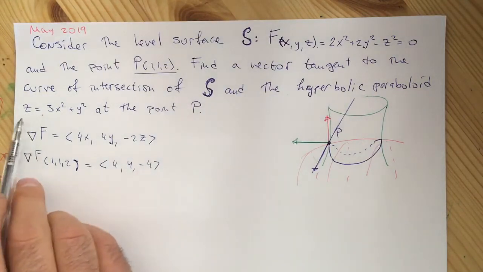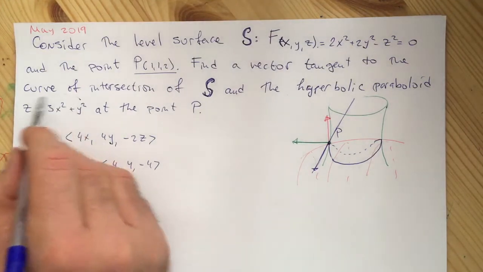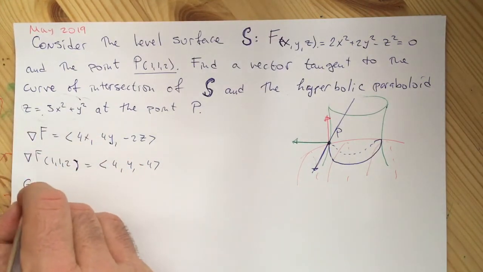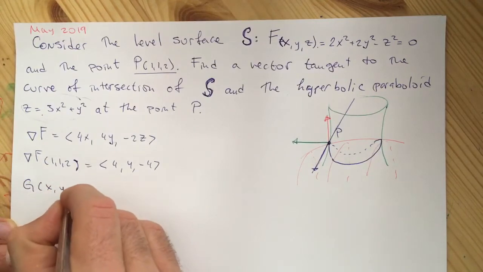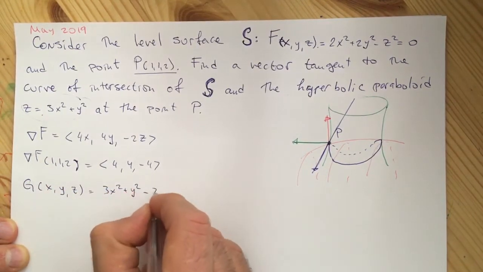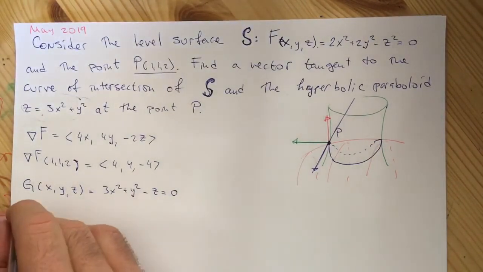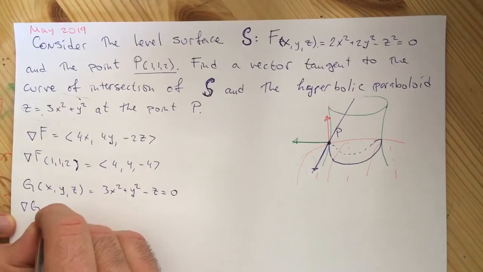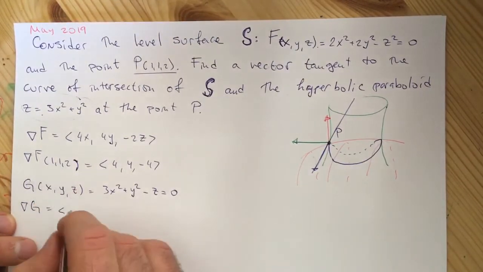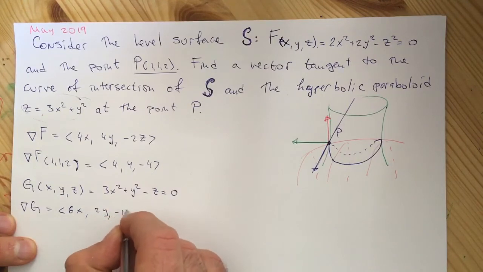Now I have to find a function in 3 dimensions, so I'm going to define the function g in terms of x, y, and z as 3x squared plus y squared minus z is equal to 0. And I will find the gradient of this function and then evaluate it at the given point. So this is <6x, 2y, -1>.